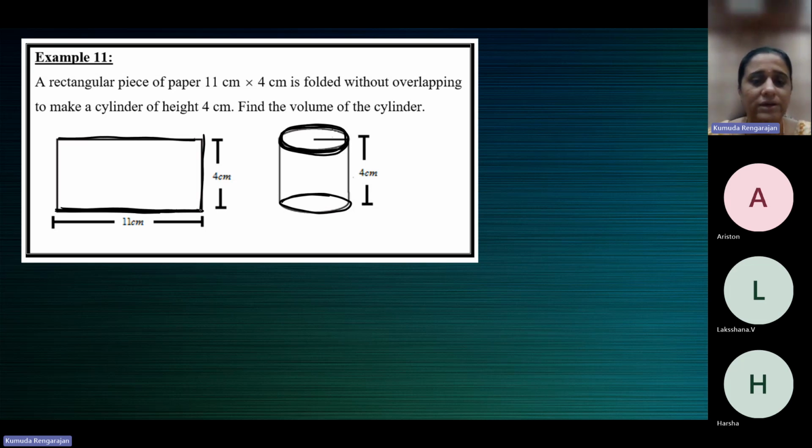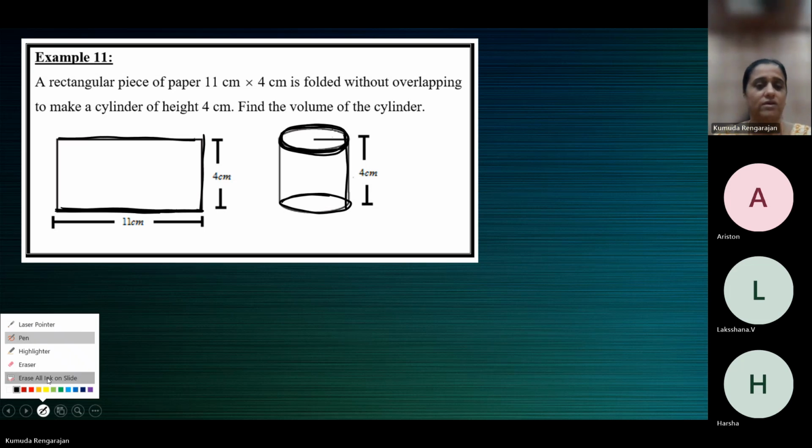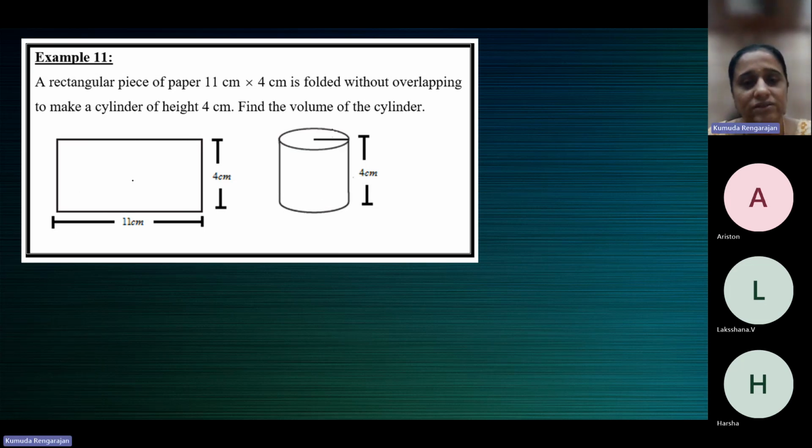And this one becomes the height of the cylinder, 4 centimeters. Since the cylinder is formed using this paper, and the ends of the paper just meet, they don't overlap.